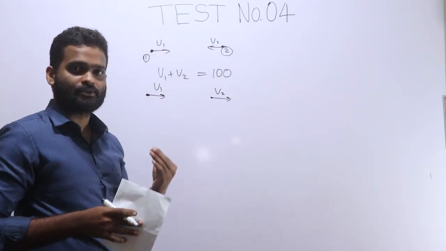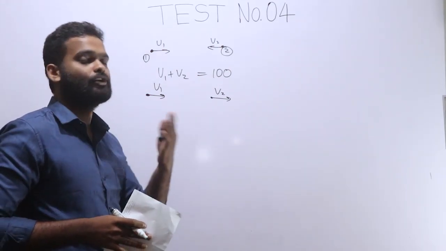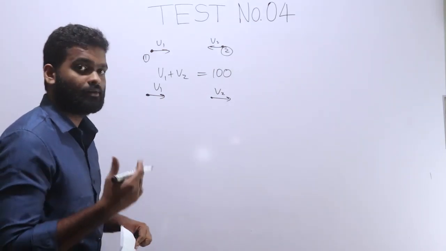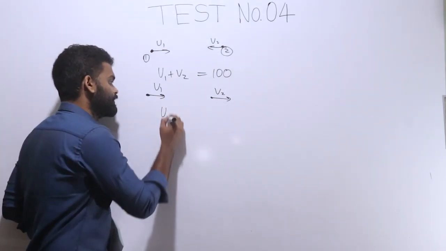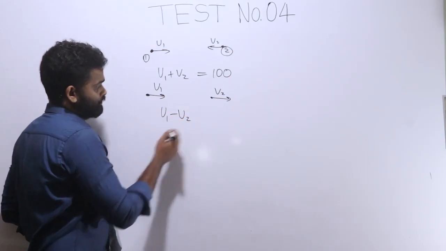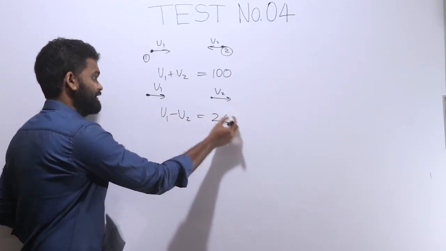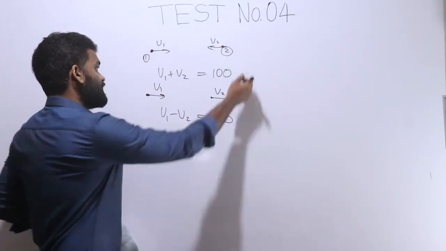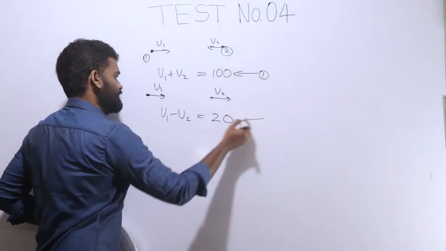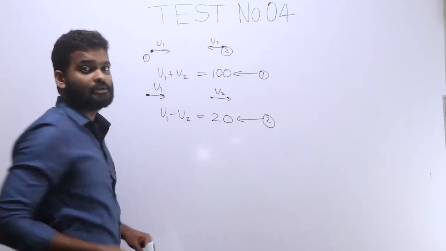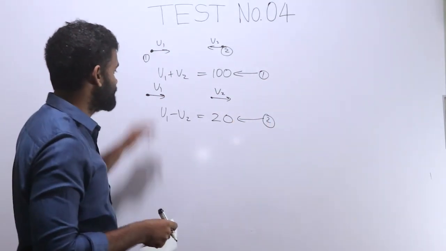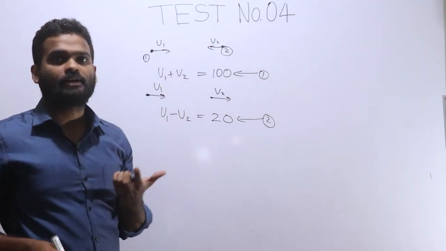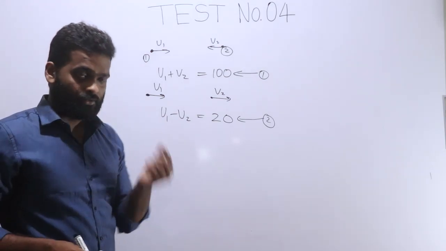Then for the same direction, the relative velocity between the objects is the difference between their actual velocities, that is v1 minus v2, and they say it is equal to 20. So this is the first equation, then this is the second equation, simultaneous equations. Simplify them and you can find v1 and v2, the velocities relative to Earth.